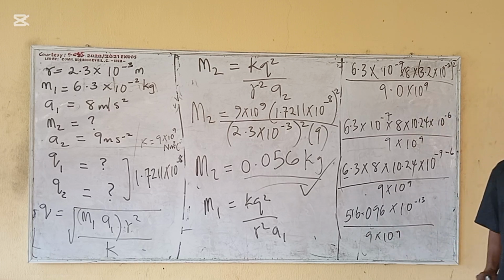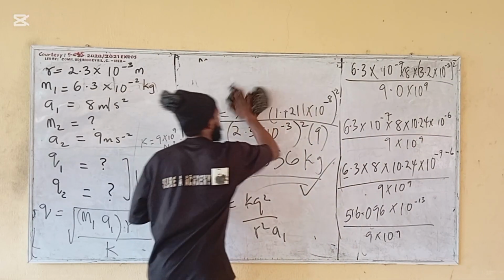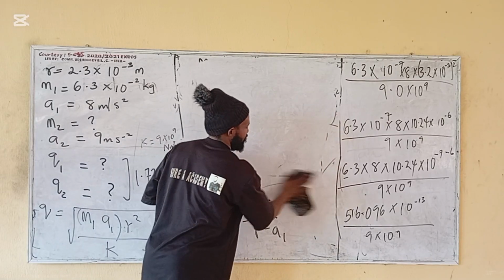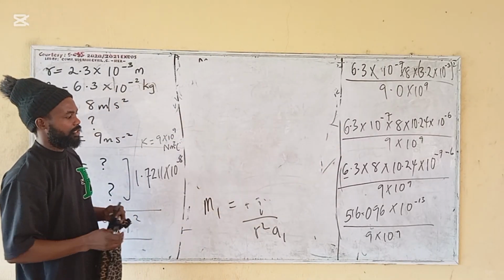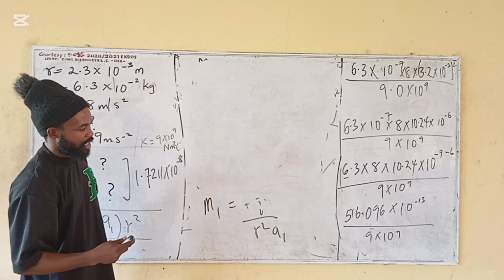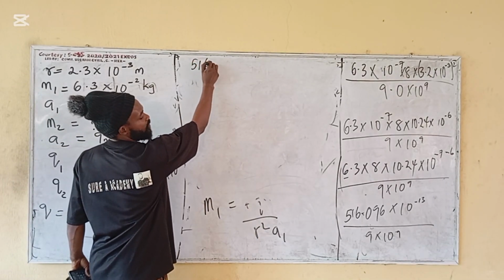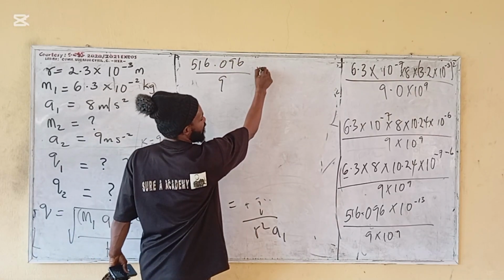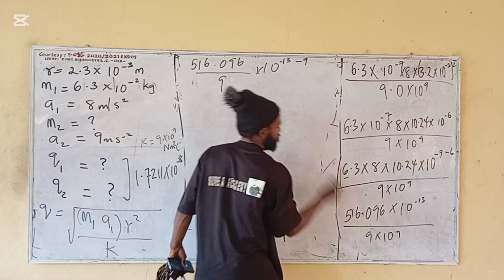At this junction, I can also copy this one. Yes. Minus 7. Oh, you got 7. Yes, sorry. So I can now do 516.096 over 9 times 10 to the power minus 9.